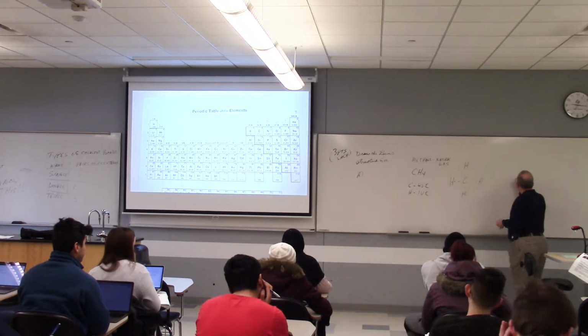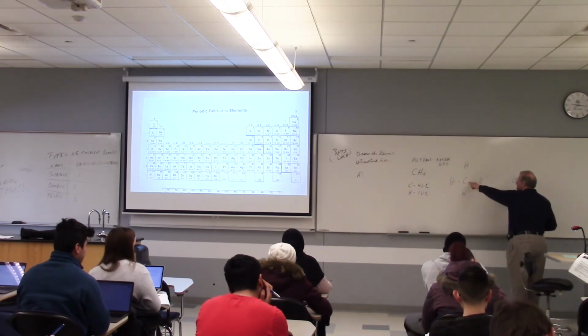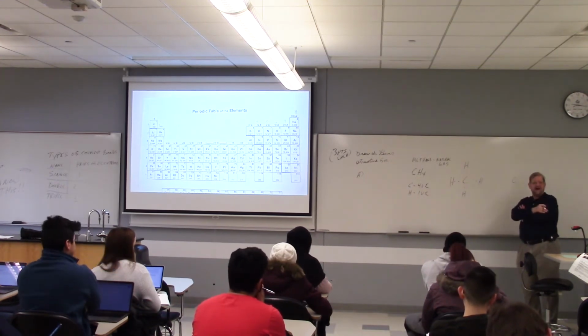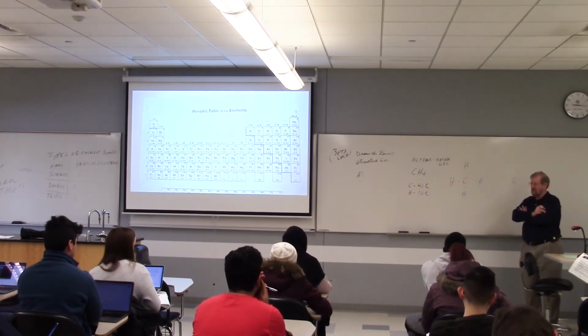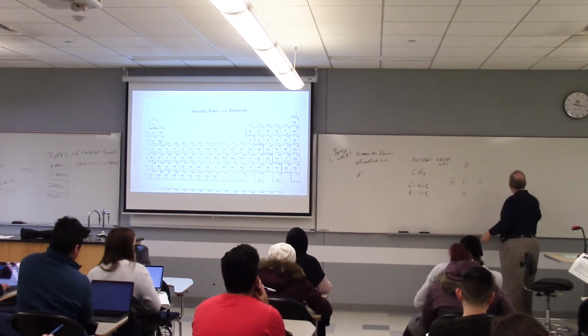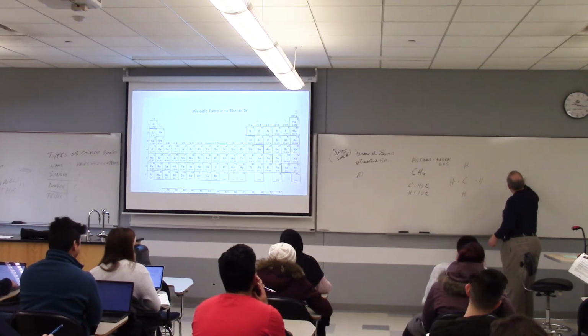I can clean it up and make it look like this. This carbon has 1 valence electron. This hydrogen has 1. They said, how about let's share our electrons and make a pair. And 1 pair is a single bond. And it does that. And it does it each side.